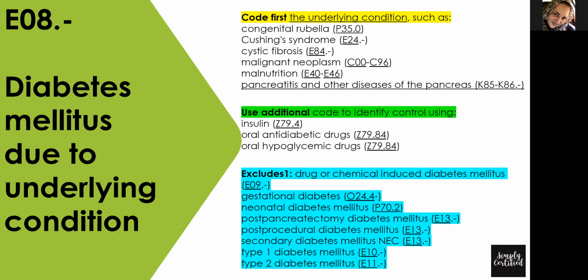Then there's another instruction that I highlighted in green. It's telling us what the guidelines told us over and over. Use an additional code to identify control using either insulin, oral anti-diabetic drugs, or oral hypoglycemic drugs, which I believe they meant to put the Z79.899 code for the non-injectable insulin, and there's a typo there in where I got this information from.